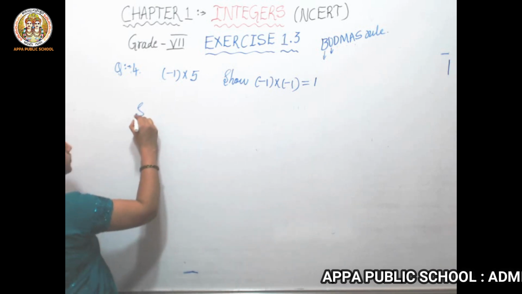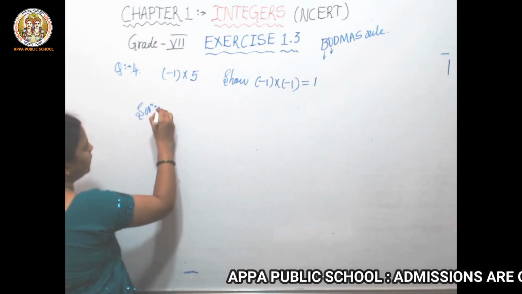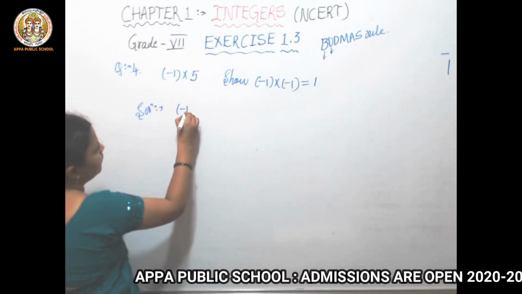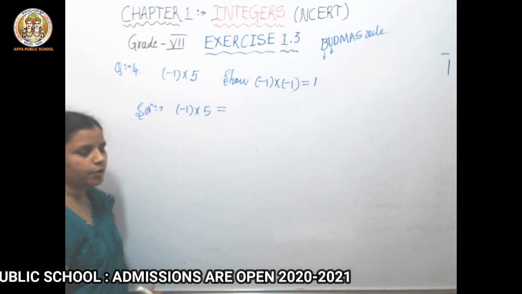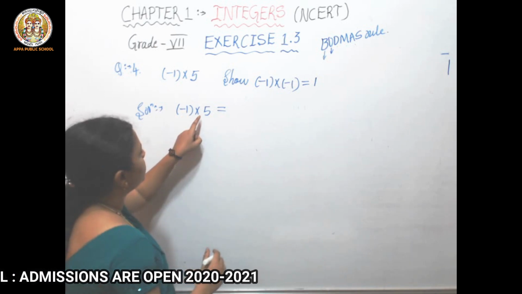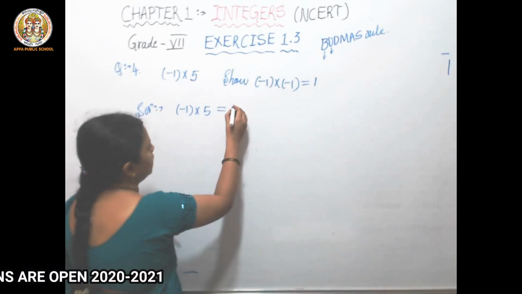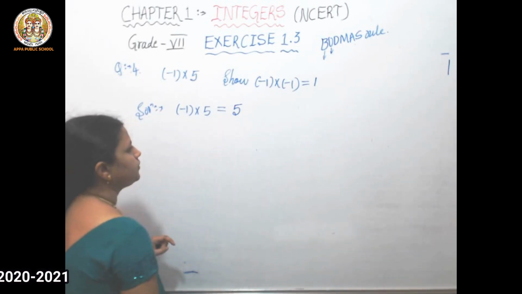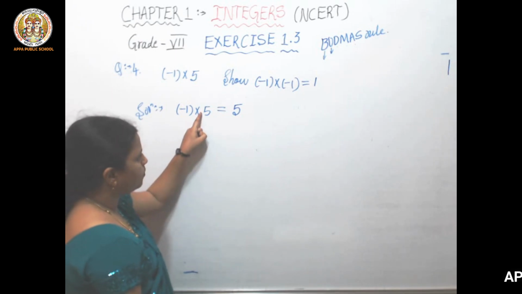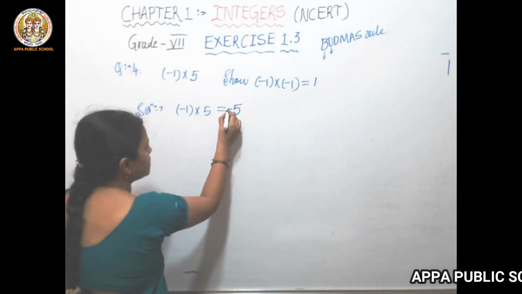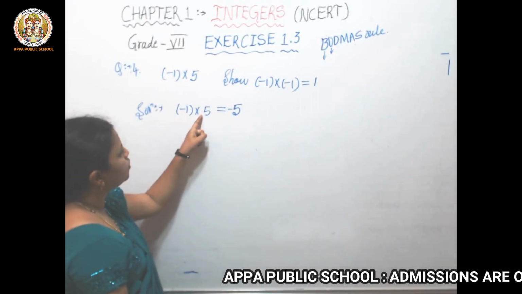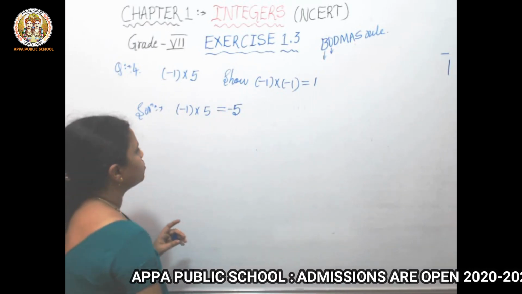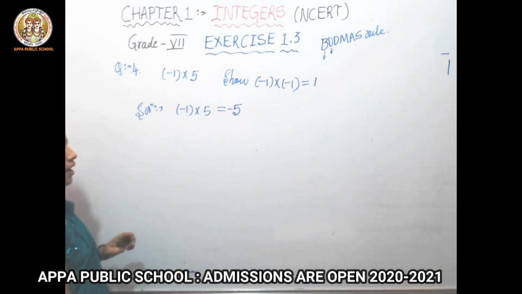So the solution. See, as they said, you should start from this number. Minus 1 into 5. What is the minus 1 into 5? Minus into plus as minus. 1 into 5 as 5, minus into plus as minus. So it has a minus 5.